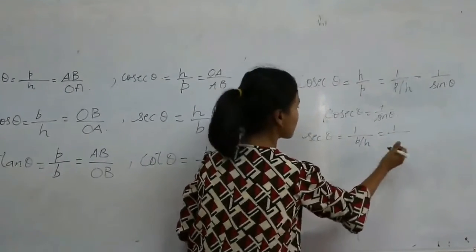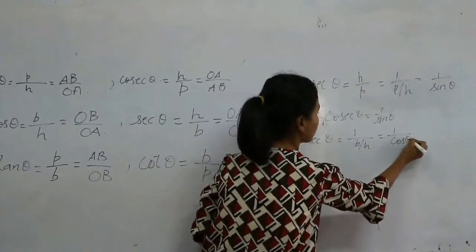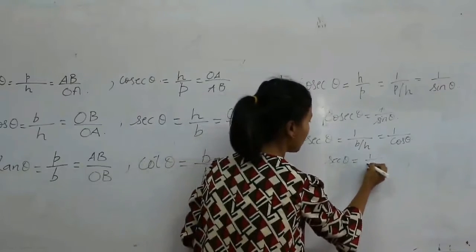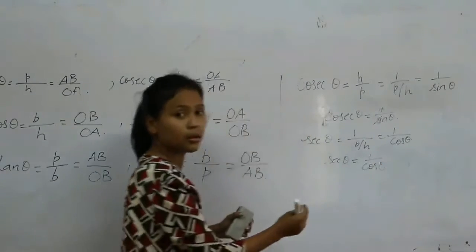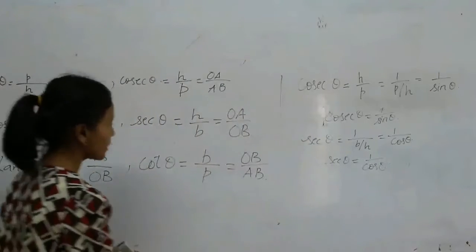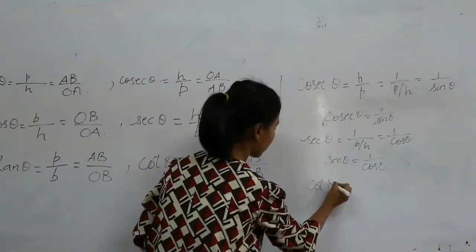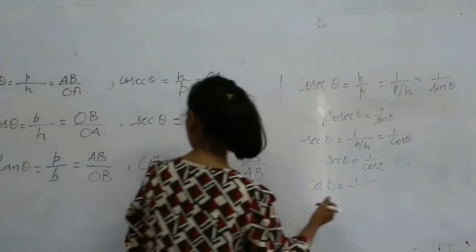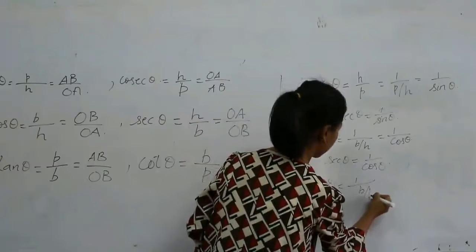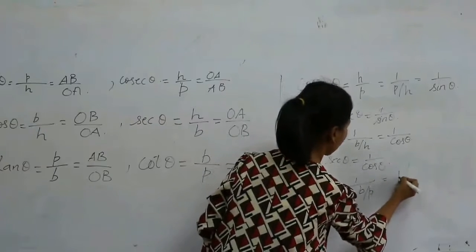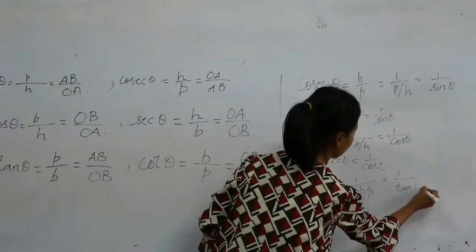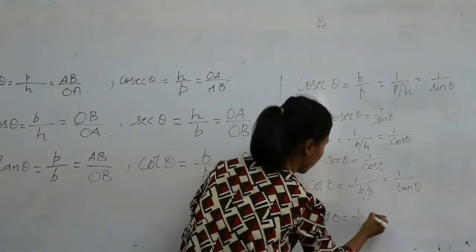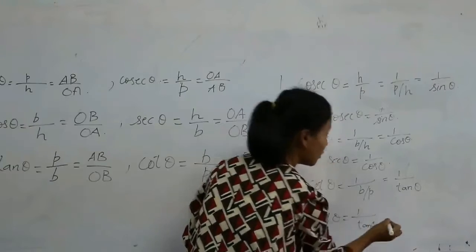Base by hypotenuse is cos, so you write here cos theta. So sec theta is equal to 1 by cos theta. Next, cot theta can also be written as 1 by base by perpendicular, which is equal to 1 by tan theta. Therefore, cot theta is equal to 1 by tan theta.